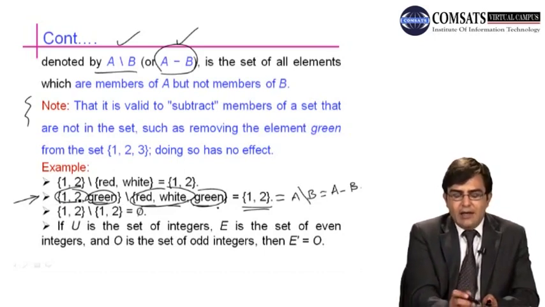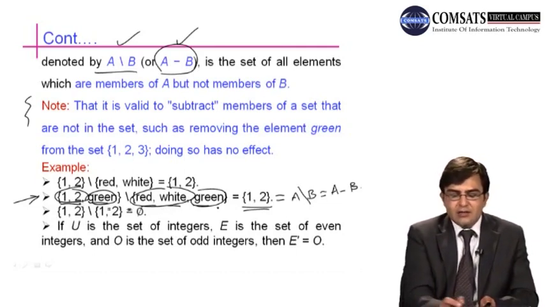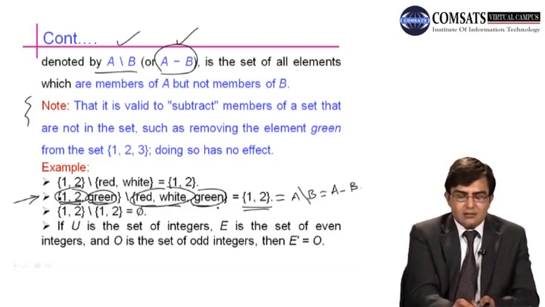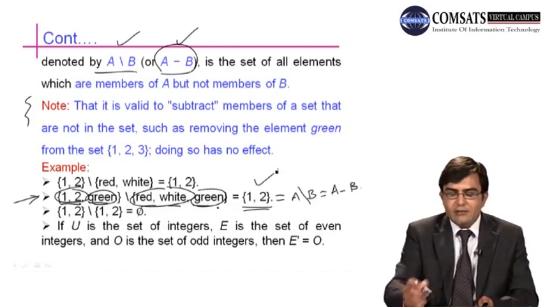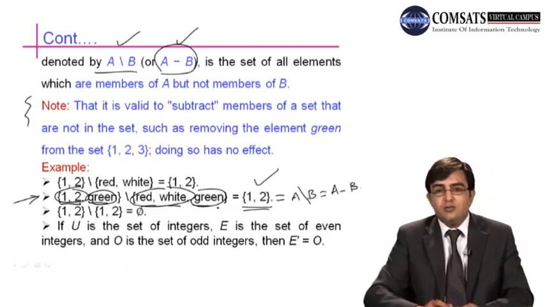A minus B actually contains only those elements which are in A but not in B. The elements which are only in A are 1 and 2, so we write A minus B is 1, 2.